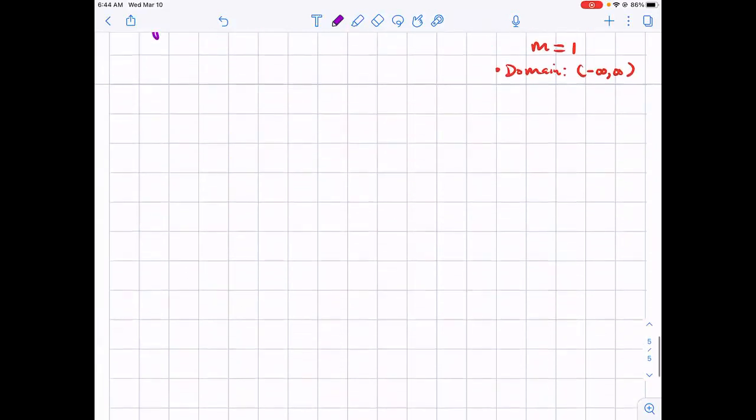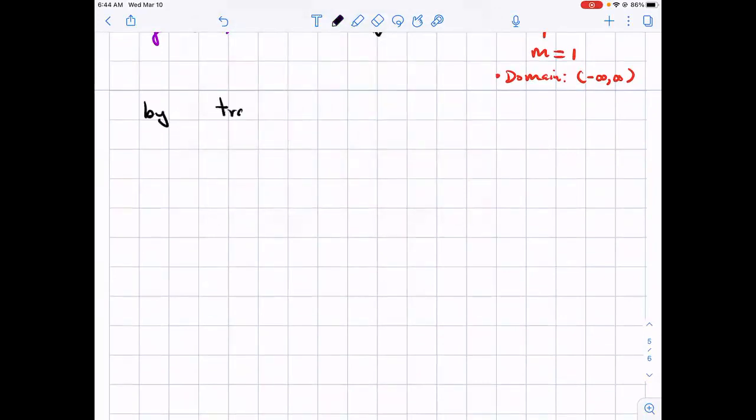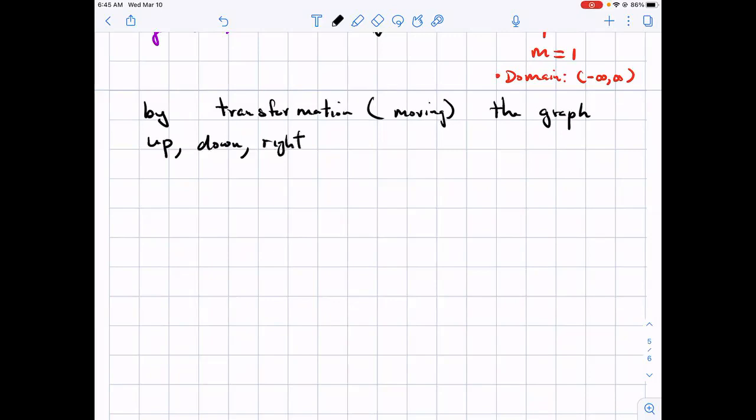So by transformation, it just means moving the graph up, down, right, or left, we can create an infinite amount of other graphs.